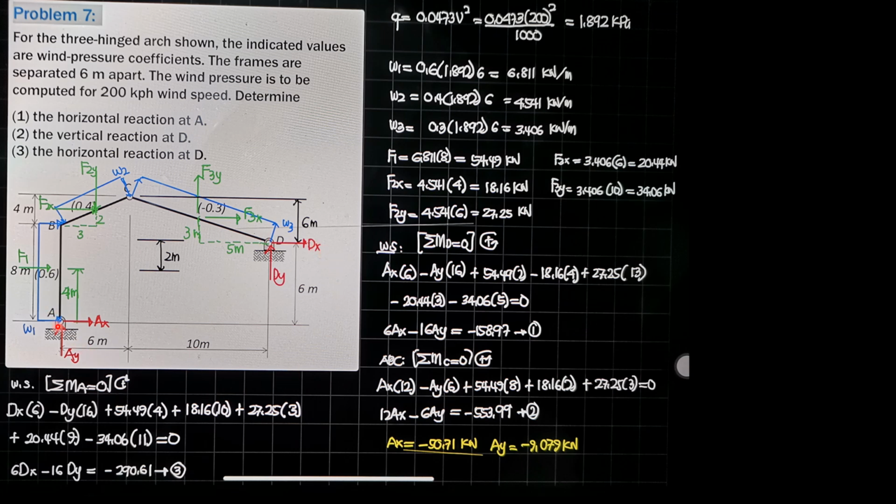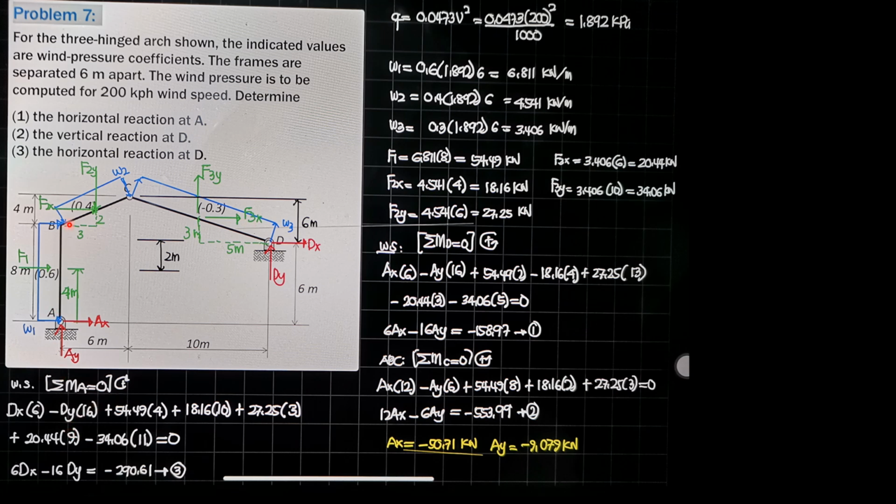So summation moment A equals 0, dx times 6, then minus dy times 16, then plus F1, which is 54.49 times 4, then plus F2X, which is 18.16 times 10, 8 plus 2, 10, then plus F2Y, which is 27.75 times 3, then plus F3X, which is 20.44.